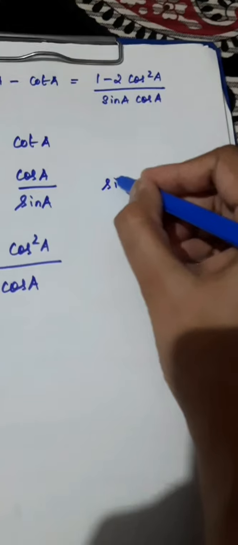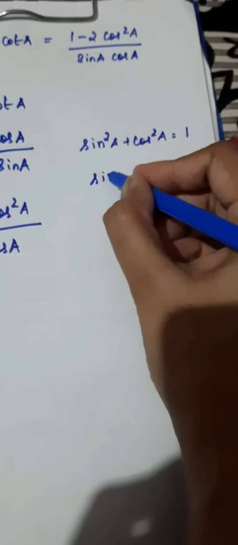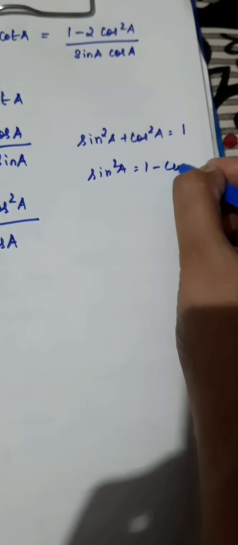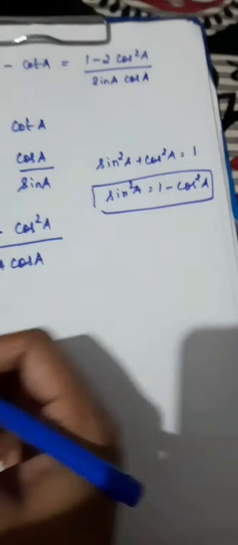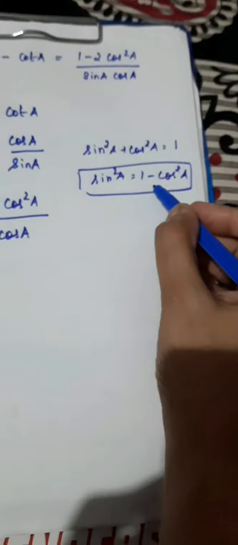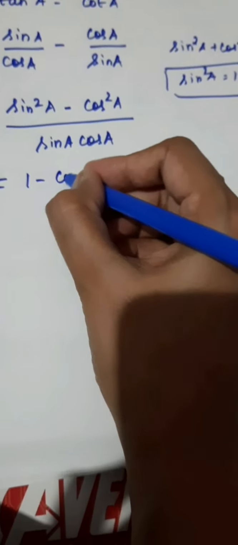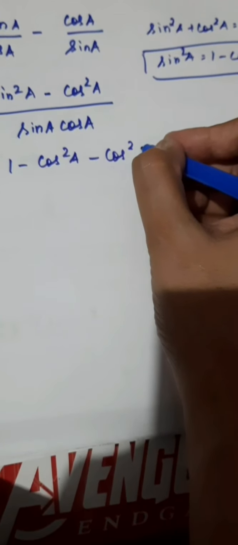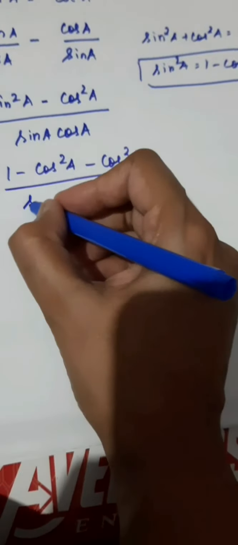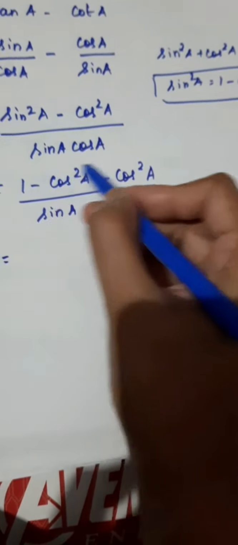And we already know the Pythagorean identity, that is sin square A plus cos square A equal to 1. So sin square A is 1 minus cos square A. This is what we are going to substitute now for sin square A. (1 minus cos square A minus cos square A) by sin A into cos A. So there are two cos square.